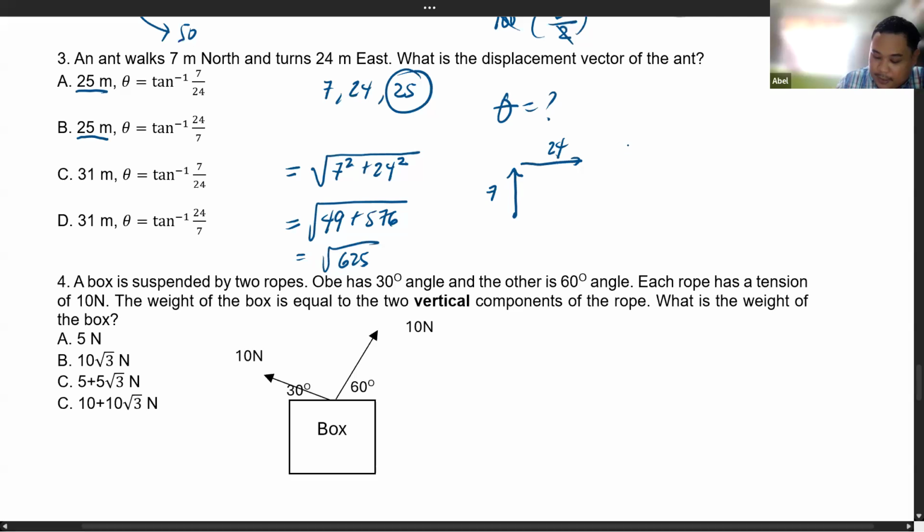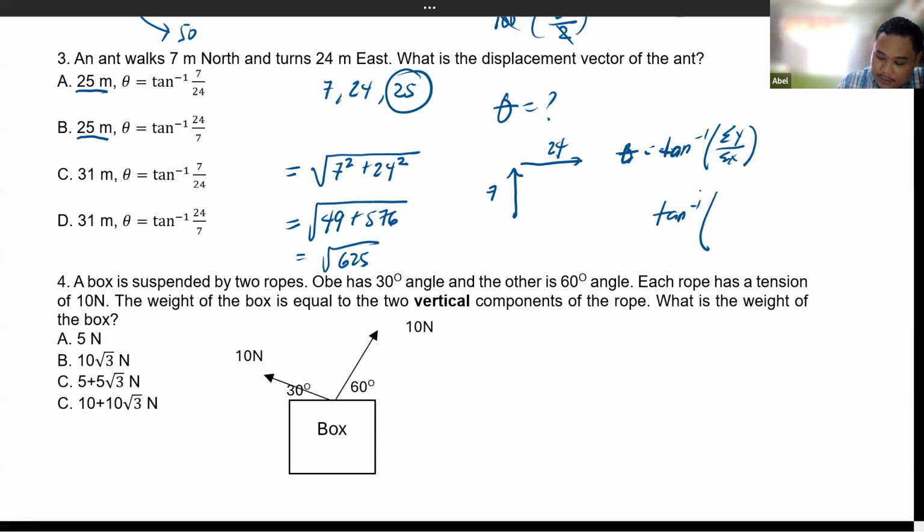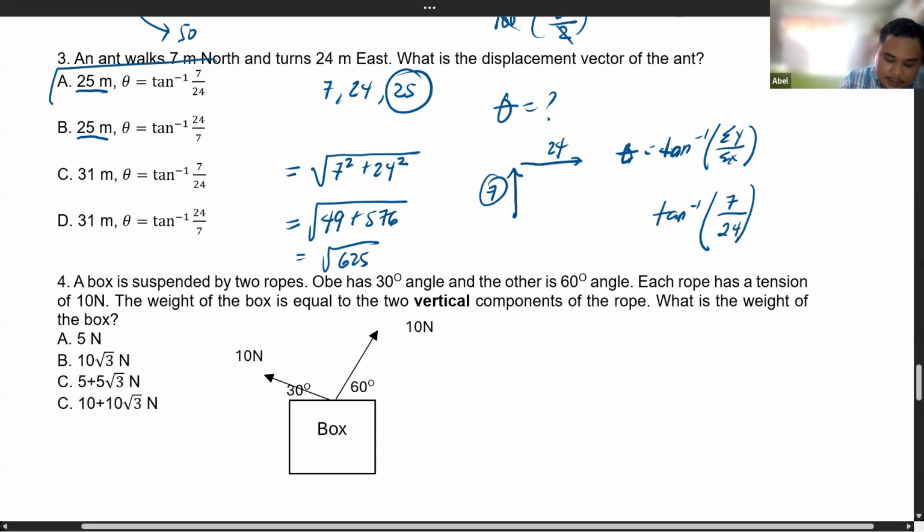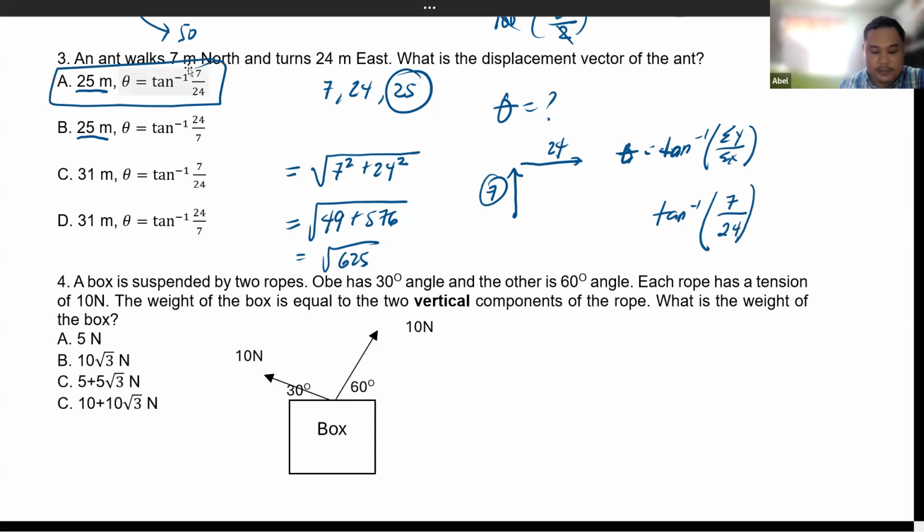Now remember that our formula would be the arctan of the summation of all the y components over the summation of the x components. And therefore we're going to have the tangent, where the y component is 7 over 24. Okay, and so our answer here is letter A. That is 25 meters, and then the direction is arctan 7 over 24.